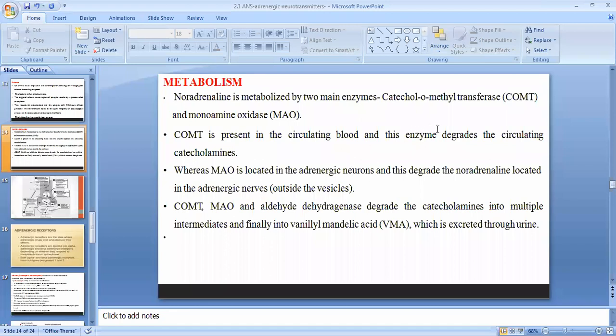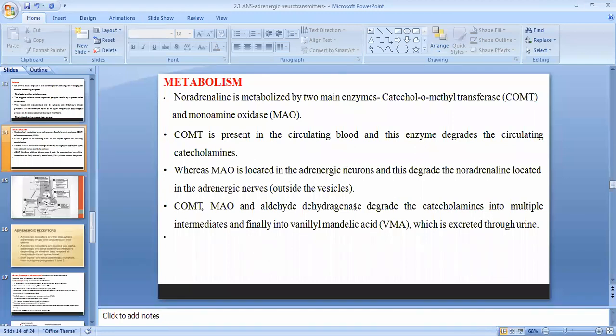See, monoamine oxidase metabolizes whom? Noradrenaline. Then catechol O-methyl transferase, monoamine oxidase, and aldehyde dehydrogenase are going to degrade all the catecholamines into multiple intermediate compounds, and these multiple intermediate compounds are finally converted into vanillylmandelic acid, and this vanillylmandelic acid is excreted through the urine.